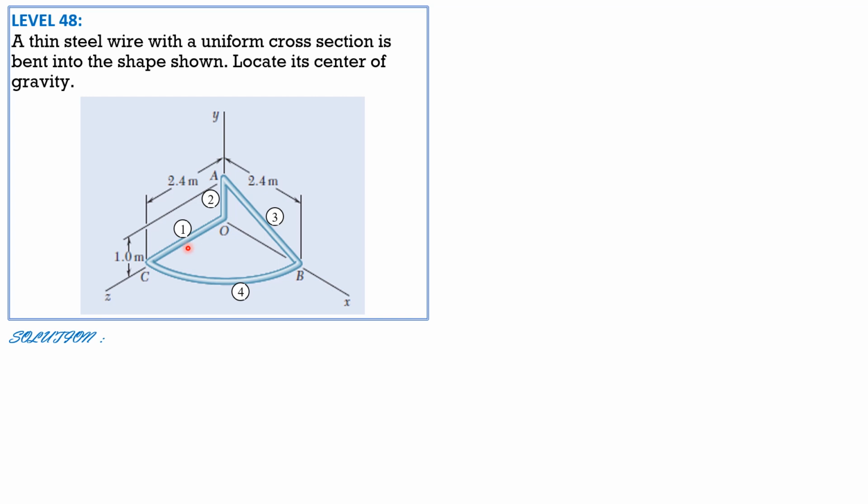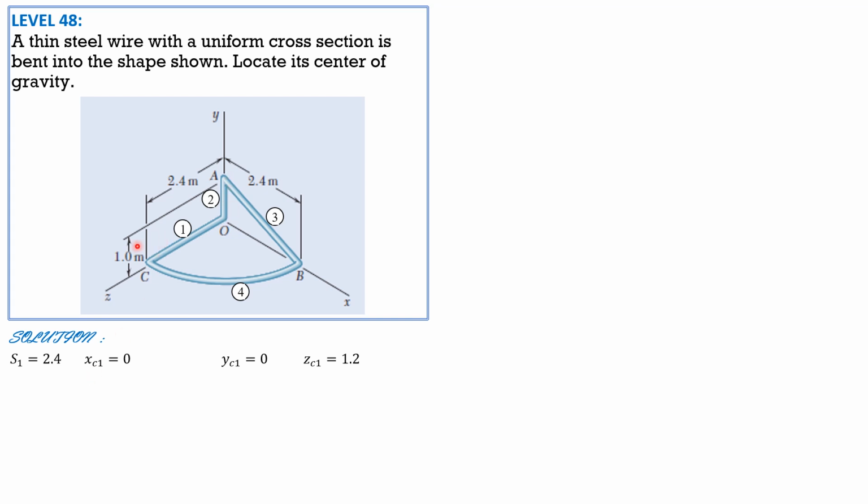So for the length S1, 2.4, and its x coordinate of centroid lies on the YZ plane, so x sub c1 is 0. It lies on the XZ plane also, so y sub c1 is 0. And its z sub c1 is half of 2.4, so 1.2.